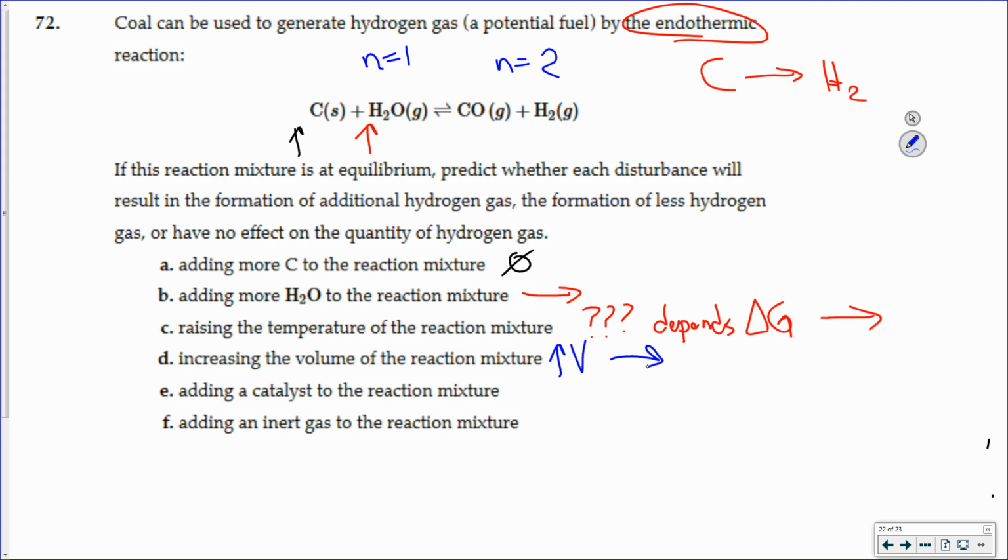So it's going to shift in the forward direction. Add a catalyst to the system. Adding a catalyst doesn't change the status of the equilibrium. Adding an inert gas to the reaction mixture. So I add some helium to it. Nothing. Okay. That's all the possibilities.